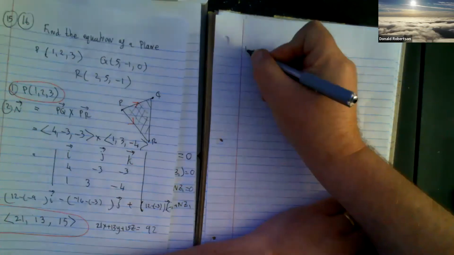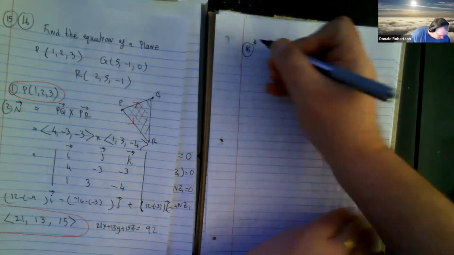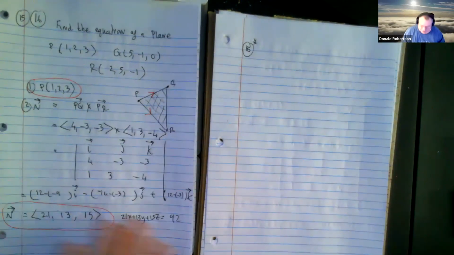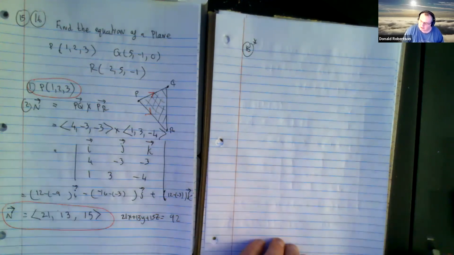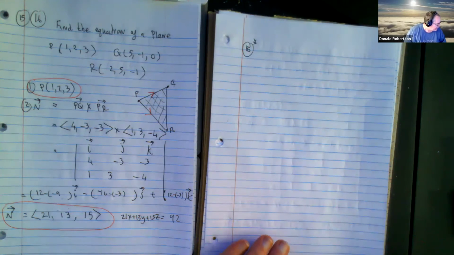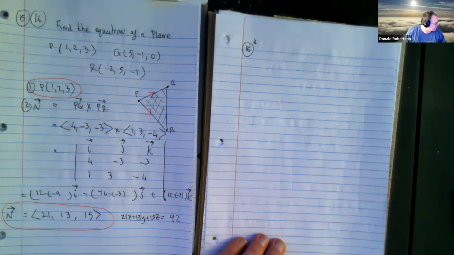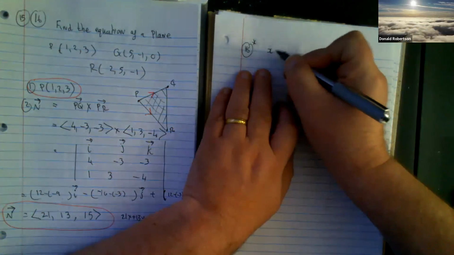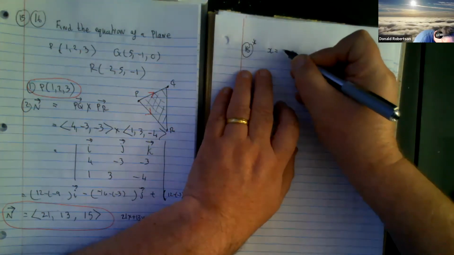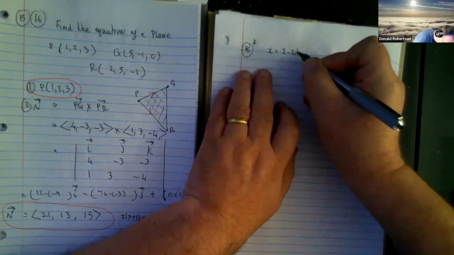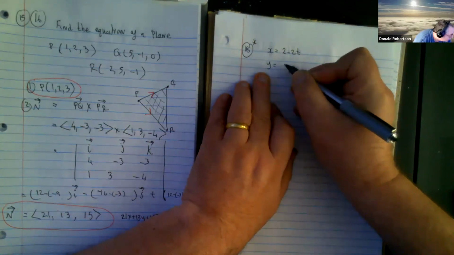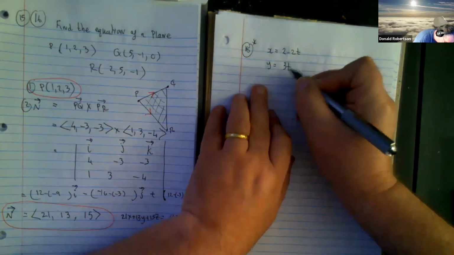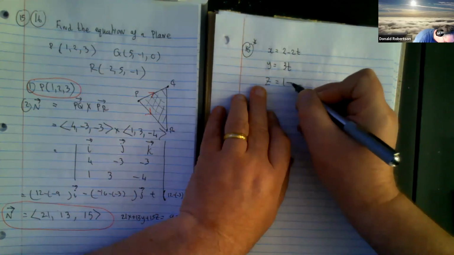Now, let's return to a question that we did earlier. Remember a straight line hitting the XY plane? Remember that guy? Let's have a straight line just hitting any old plane, right? So I have the straight line whose parametric equation is x equals 2 take away 2t, y equals 3t, and z equals 1 plus t.